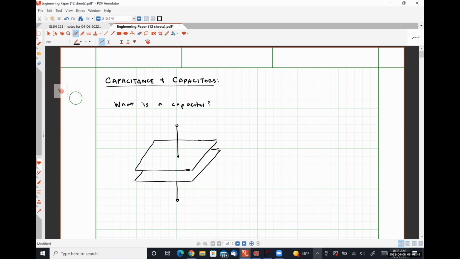And we have some physical dimensions that we'll need to pay attention to a little bit. So let's call this dimension the width of the plate. Let's call this dimension the length of a plate. And then let's call this dimension D, where D represents the gap between the plates.